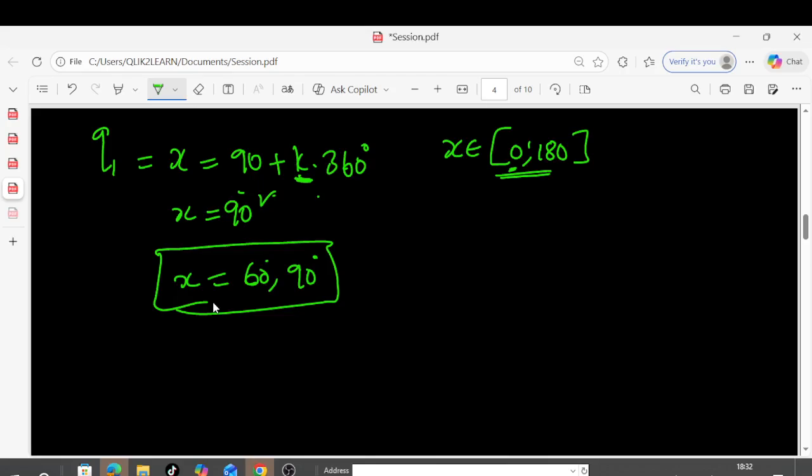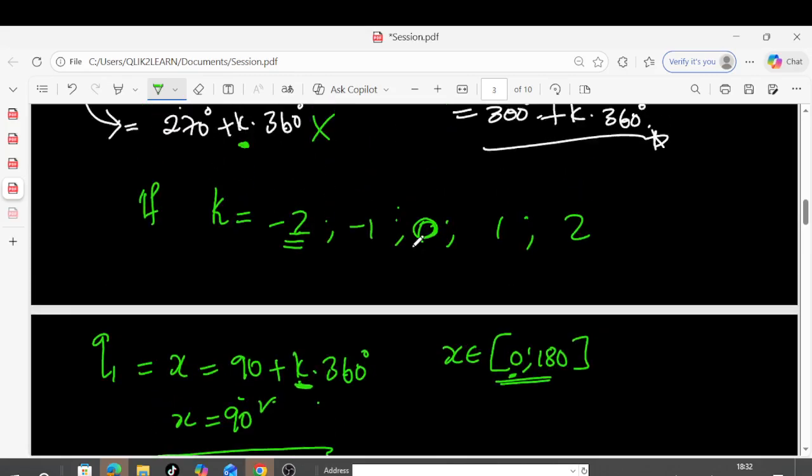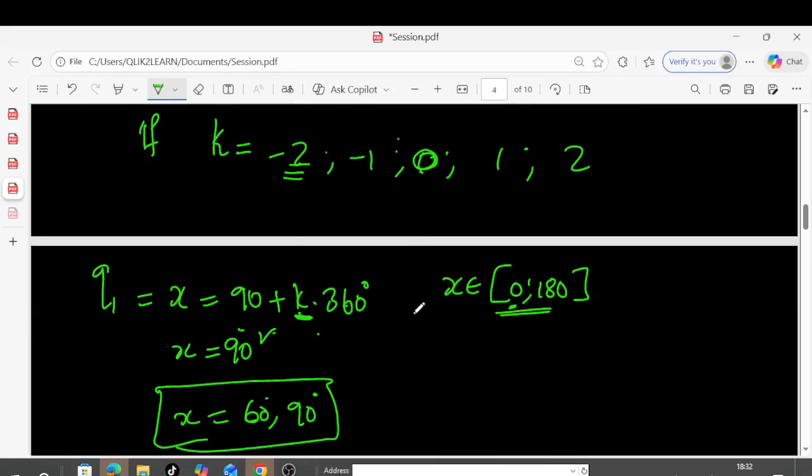Where do we get the k of -2? These are just the integers that you can change. Remember the solution said that k is an element of the integers.